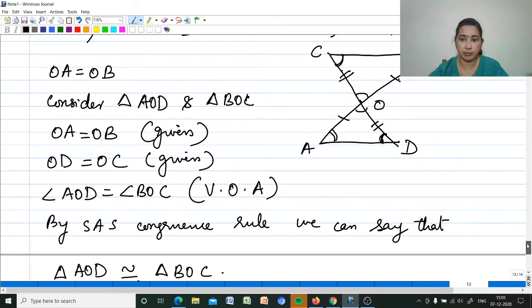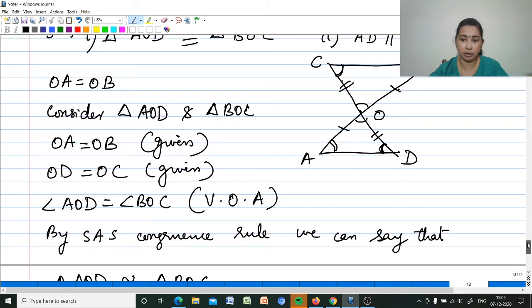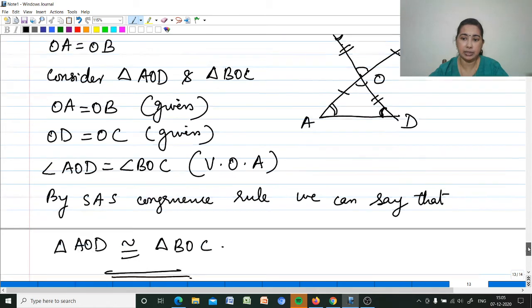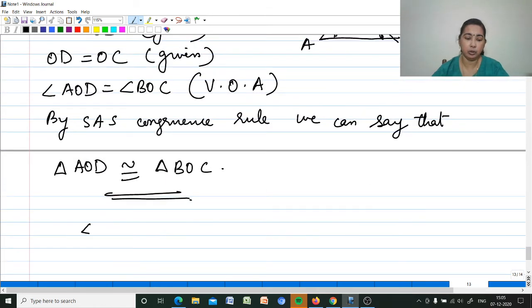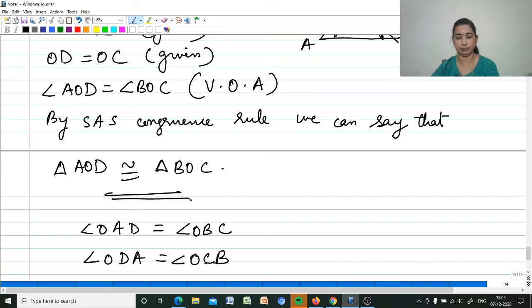So which are the angles? Angle A is equal to angle B, or angle OAD is equal to angle OBC. Also the other one, angle ODA is equal to angle OCB.